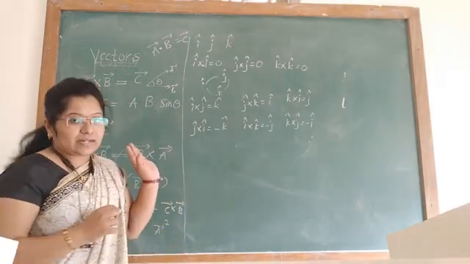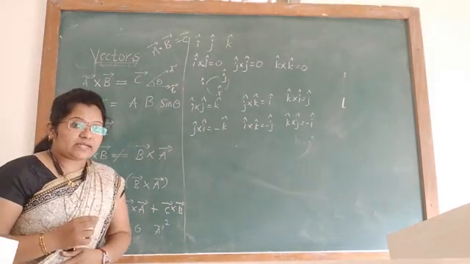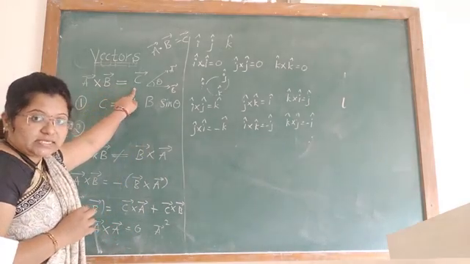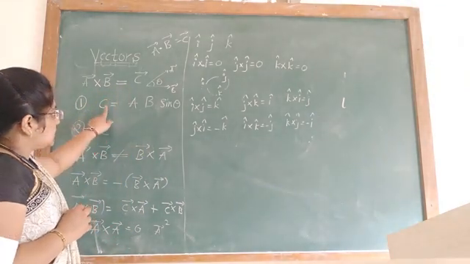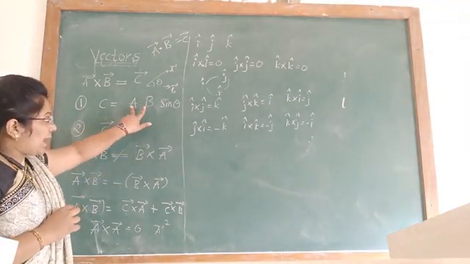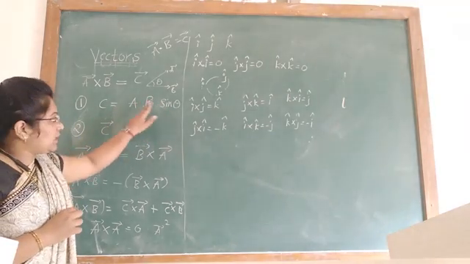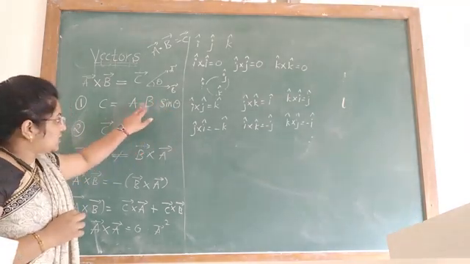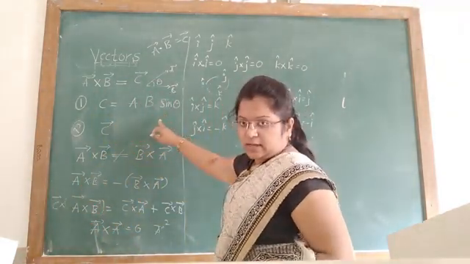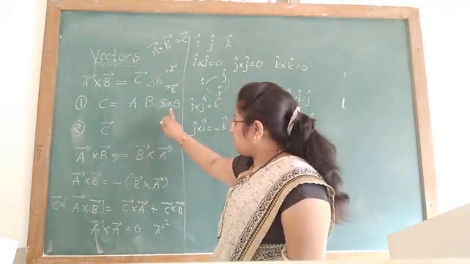See here what I am telling, don't get confused. We are considering two vectors A and B. Their product is C. The magnitude of C is given as AB sin theta, the product of the magnitudes of A and B and the sine of the angle between them.